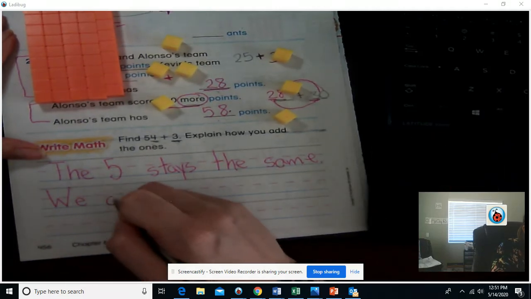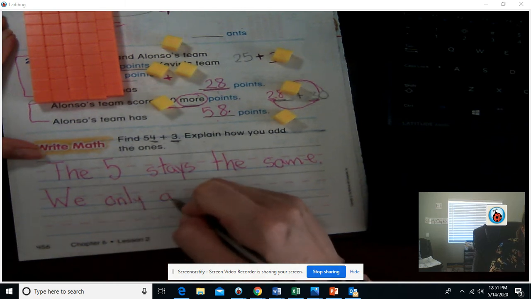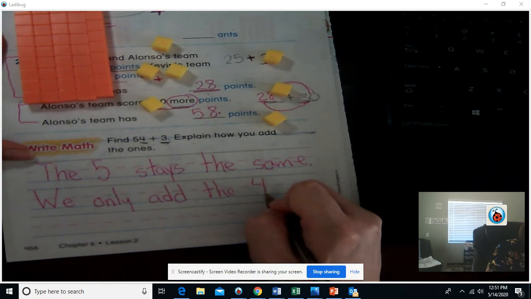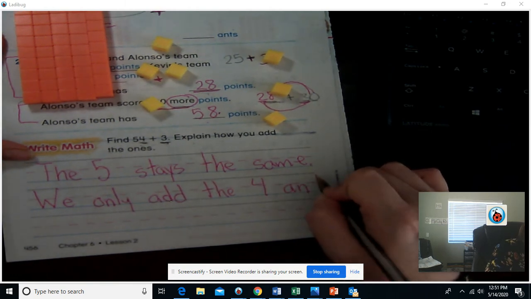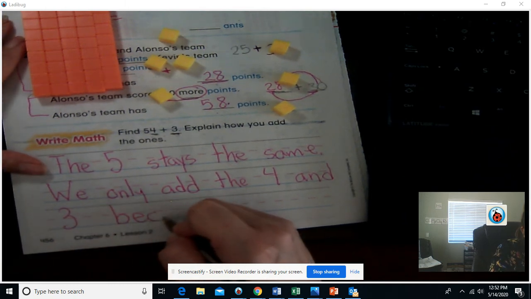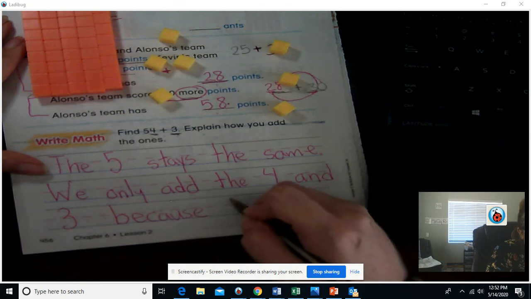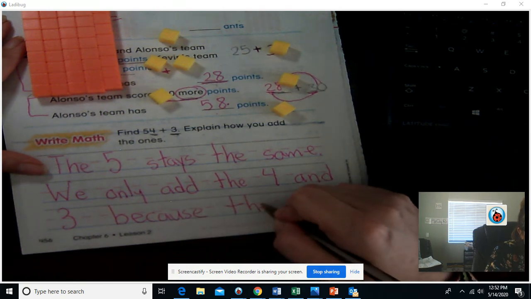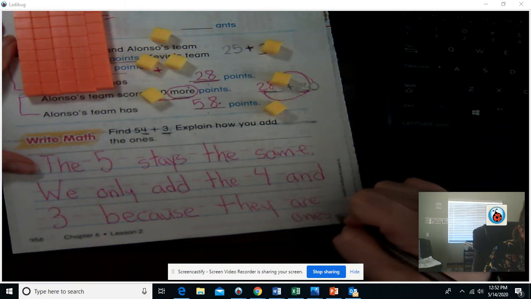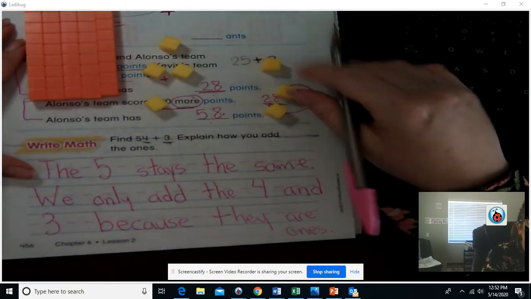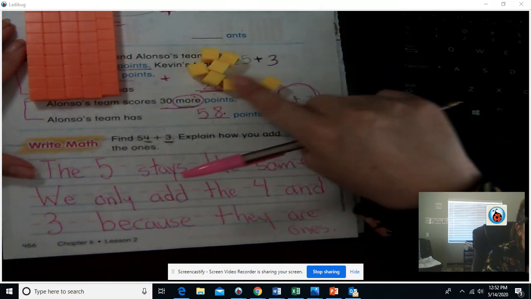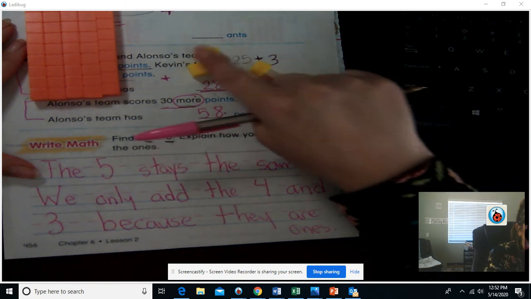We only add the 4 and 3 because they are ones. So we need to add these because these did change. We added 3, so we need to put these together. So they become 1, 2, 3, 4, 5, 6, 7.